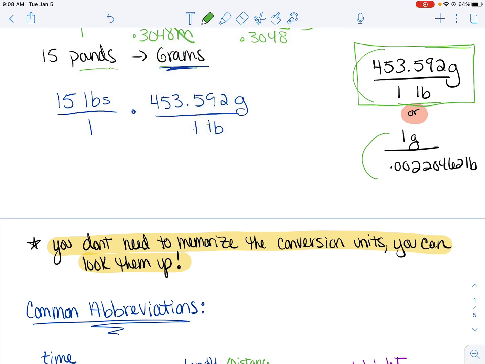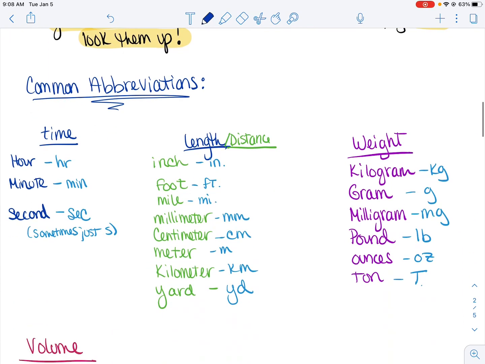Pounds cancel out, and I get 15 times 453.592, which is 6803.9 grams. So those are some different ways you can convert. We'll practice this a little in class.